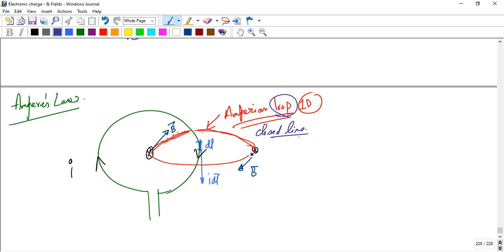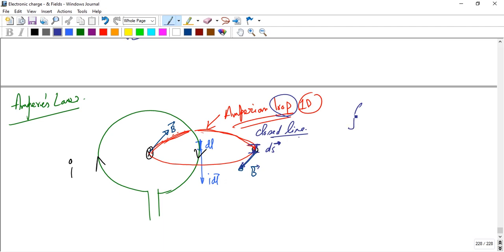Here we choose a small length ds. In the Amperian loop there is a line, and ds is in the same direction as B. B and ds are both in the same direction.